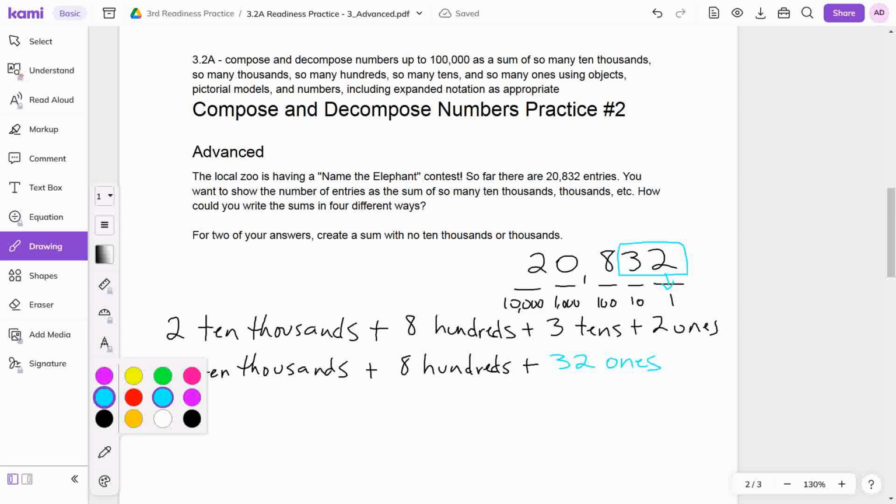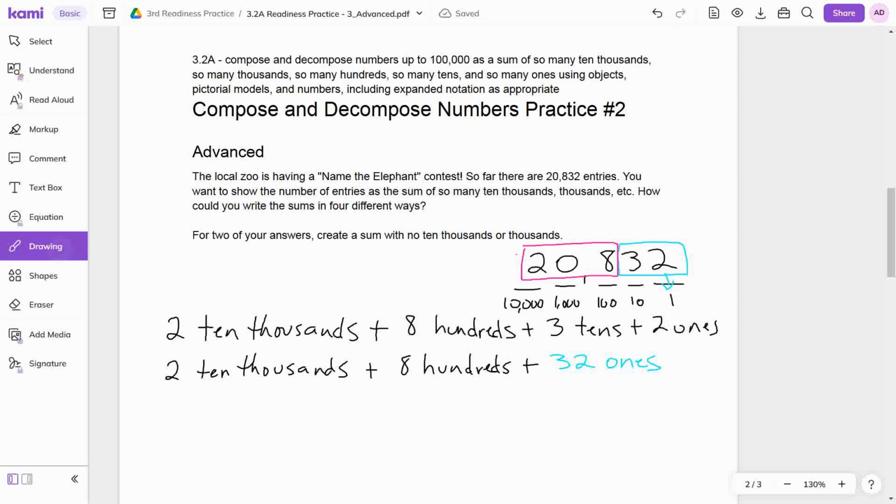So let's use this color here and let's think. If I could group the 20, I could say 20,000s is the same as 2 10,000s, but then that would still have thousands. So I need to make my group slightly larger. So what if I did this? All right, so let's see what this is going to look like here.